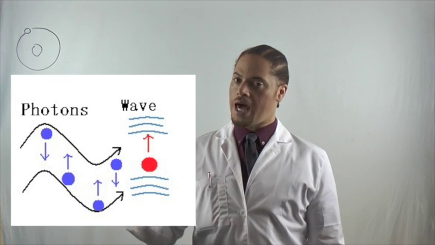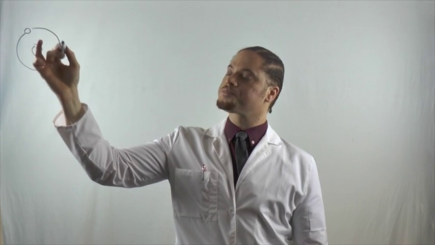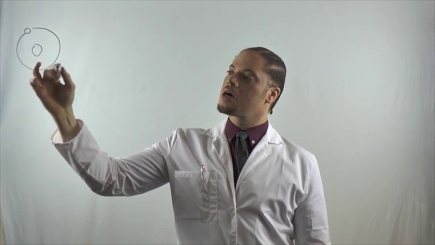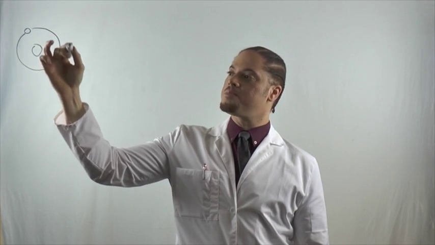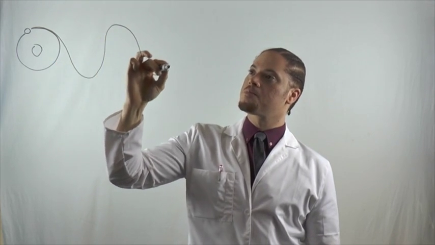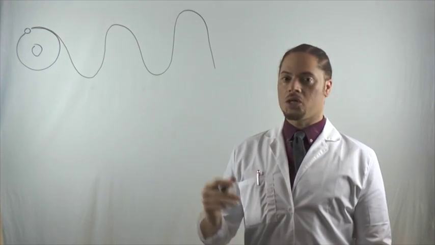If this happened to be spinning in a nice, perfect circular motion, this electron about the nucleus, if I were to keep doing this with my pen and draw it out, it would give us a shape like this. It will give us a wave pattern.